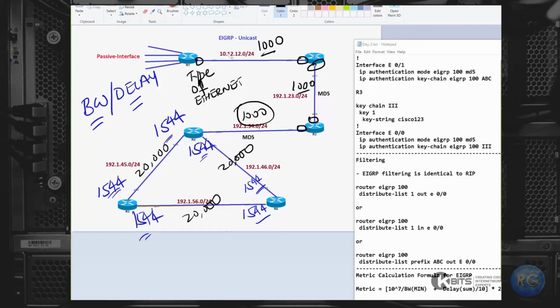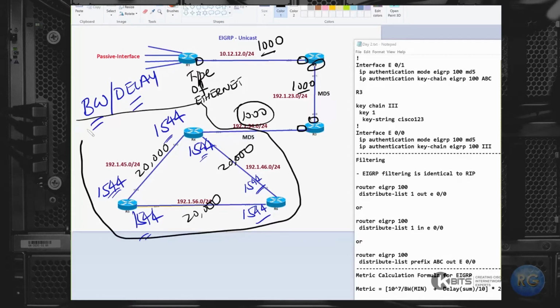I don't care about the Ethernet, you know it's a single path. Let's focus on this part over here. What did I tell you the speed of the link was that the service provider gave me? 1544 over here, 512 over here, and 128 over here. On a serial link, how many people over here have worked with a serial link? I don't know if you guys have or not.